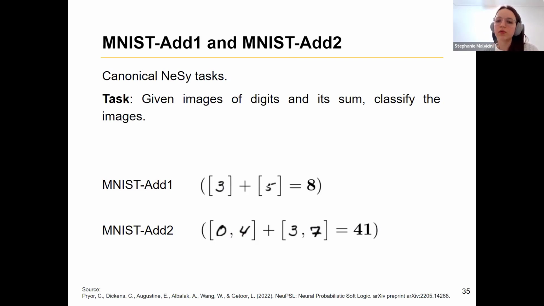And also as an input, you have the label of the number the summation represents. The difference is that the first one requires only two images, since it's a simple equation, and in the second one you have four images to represent two different numbers with two digits each that need to be added.